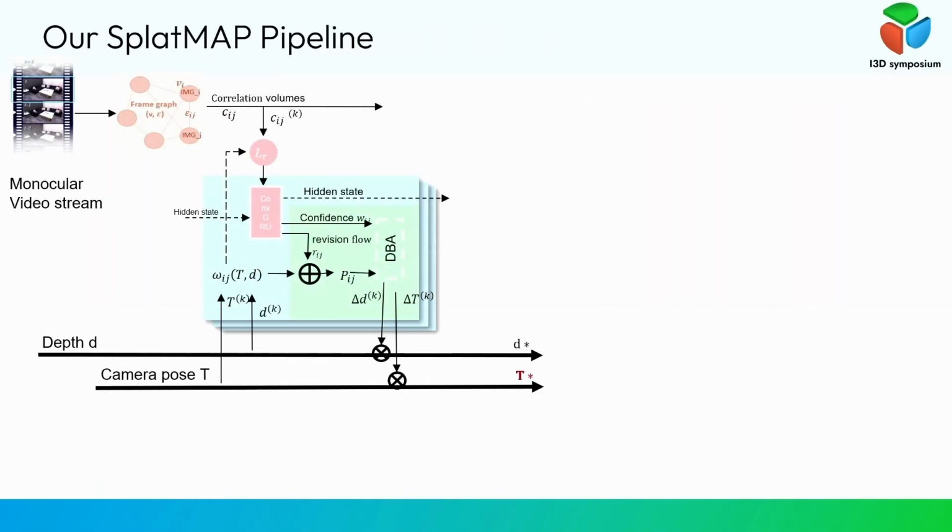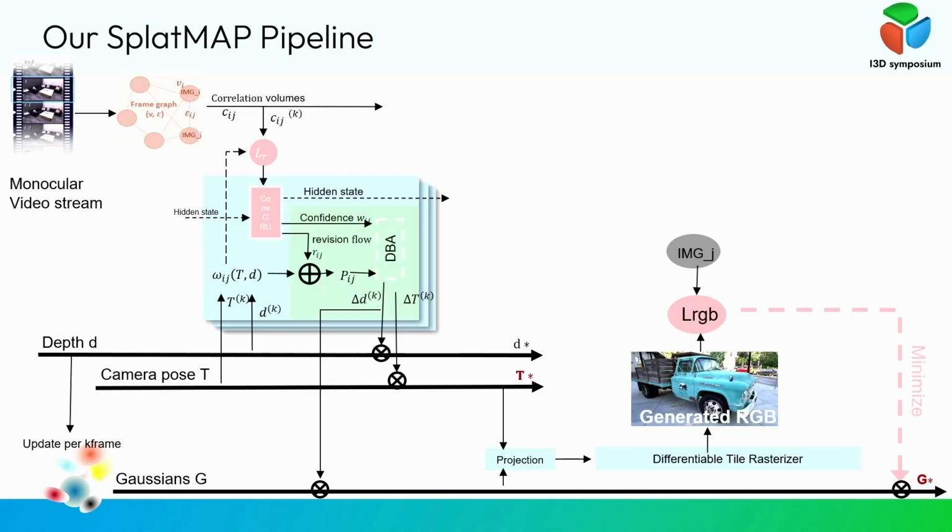Some of the other Gaussian SLAM systems are using ORB-SLAM or some other traditional SLAM method to estimate the depth and the camera pose here. They're using some traditional photogrammetry method to calculate the correlation between each frame, and they try to guess the pose. The difference is we're using DROID-SLAM as the backbone architecture.